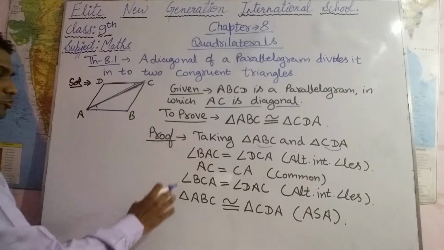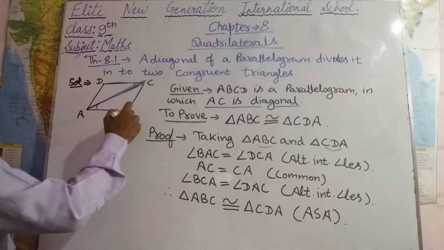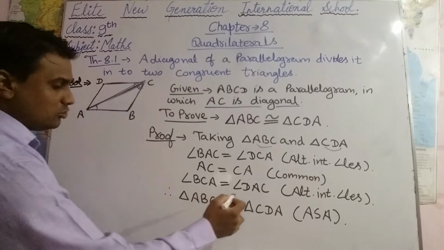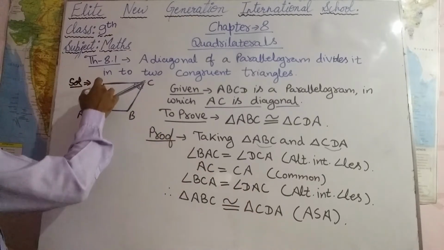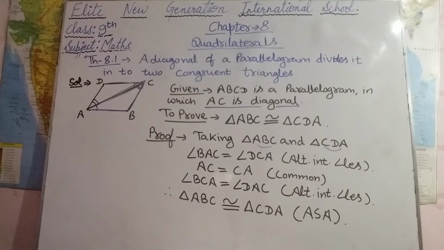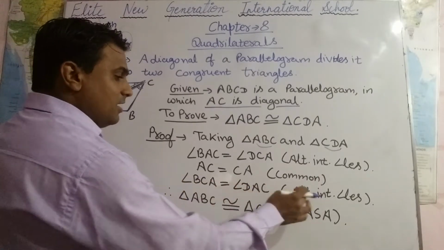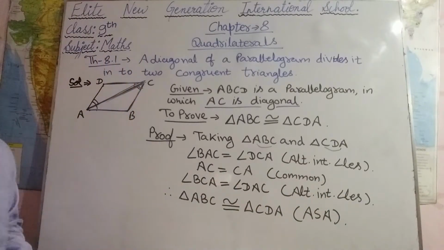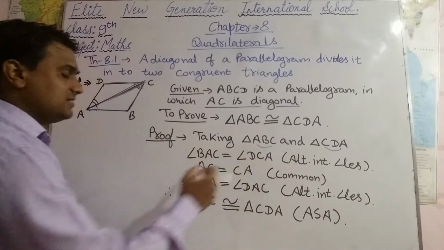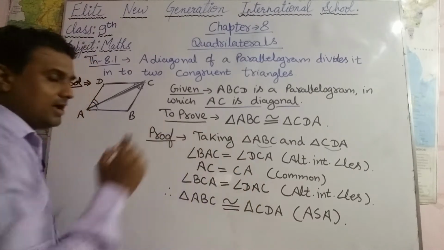Similarly, in these two triangles, angle BCA is equal to angle DAC, by alternate interior angles. So the corresponding angles are equal, the corresponding sides are equal, and again the corresponding angles are equal.